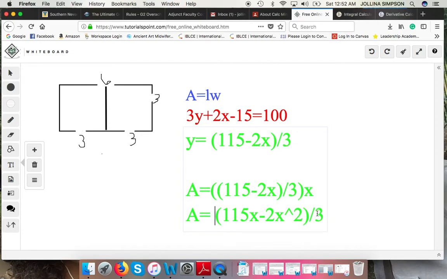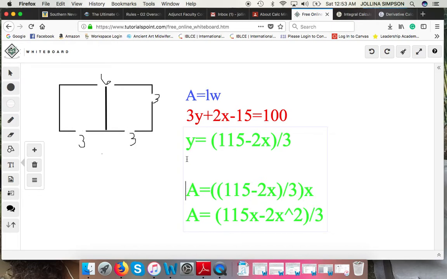So now what needs to happen is that we actually need to take the derivative of this equation right here in order to move forward and be able to find our maximum. So I'm just going to get rid of this.